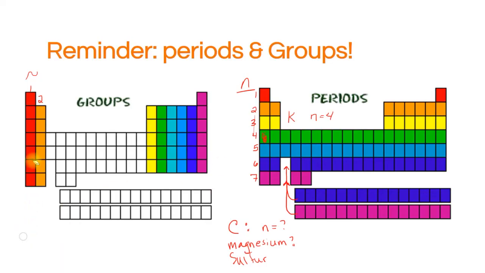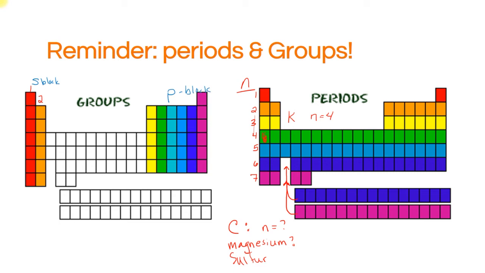We refer to groups 1 and 2 as the S block, S like Sam. So 1 and 2, this is the S block because the sublevel is shaped as a sphere. Groups 13 through 18 we call the P block because they're shaped like those little bow ties.